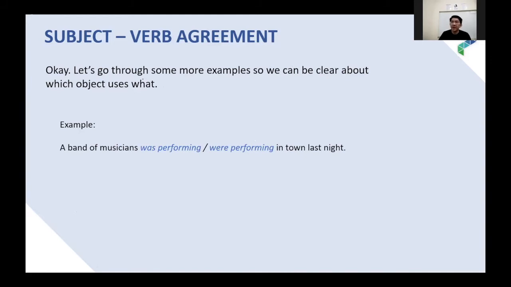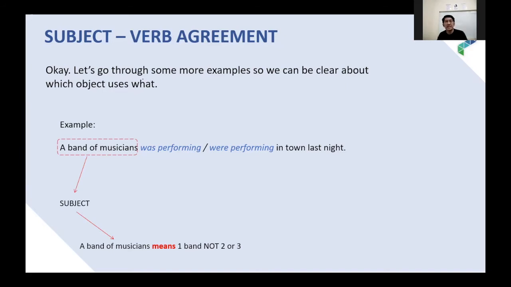Here we have a band of musicians was performing or were performing in town. Again, let's start with identifying the subject. The subject here is a band of musicians. In this case, a band means one band, one group, not two, not three.